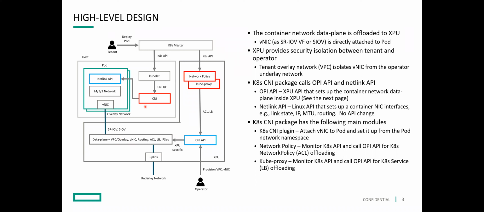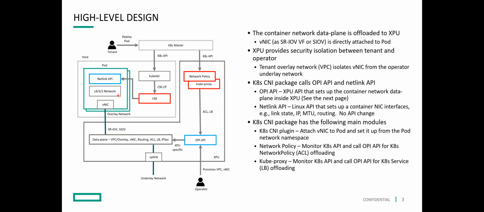Of course, there are cases where we may want to set traffic shaping according to the bandwidth allocated to the pod. That may have to be dynamically set. In such a case, there needs to be a path to the OPI to set up the traffic shaping.